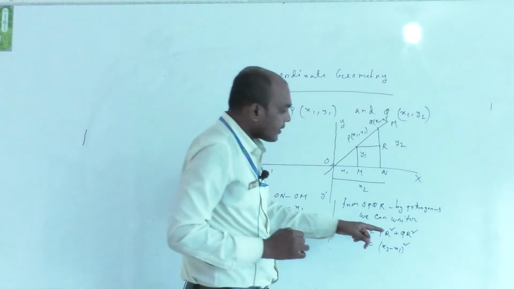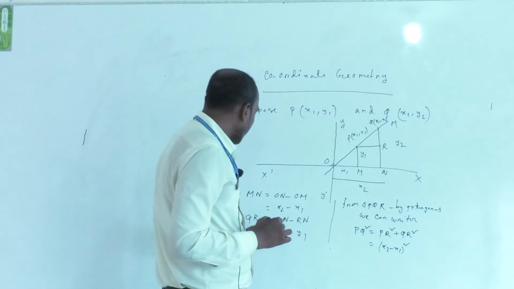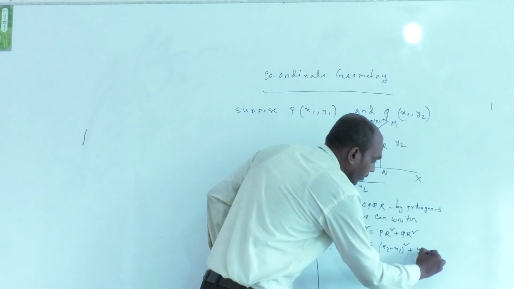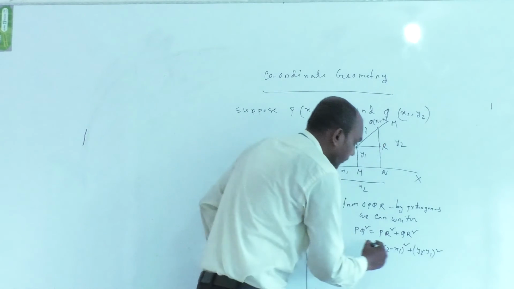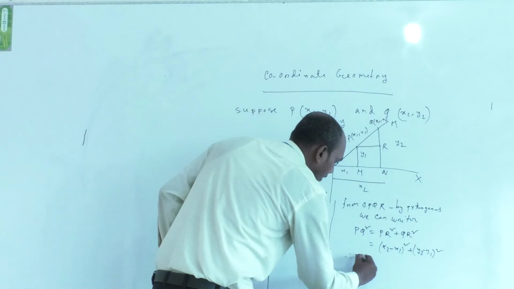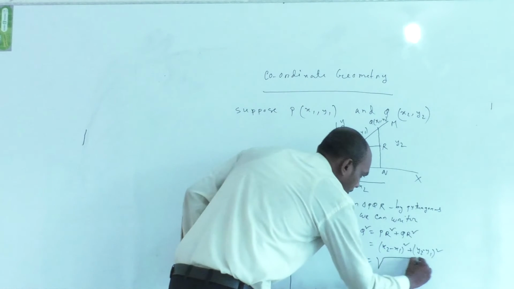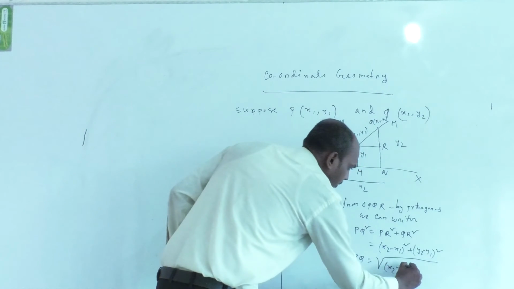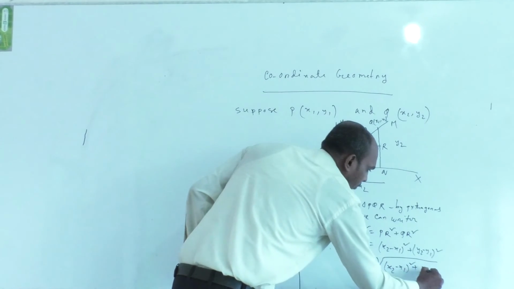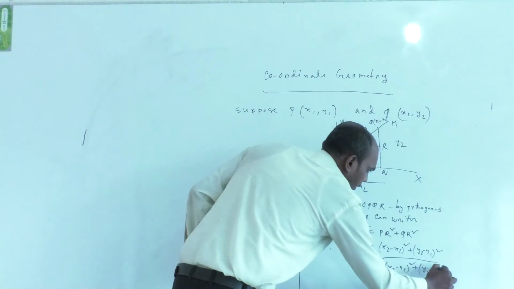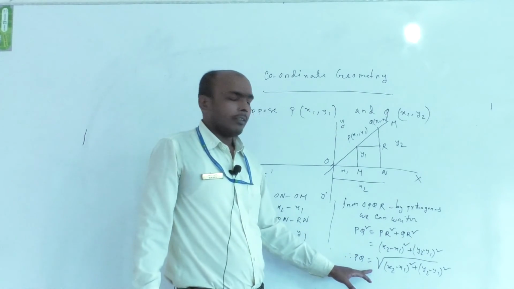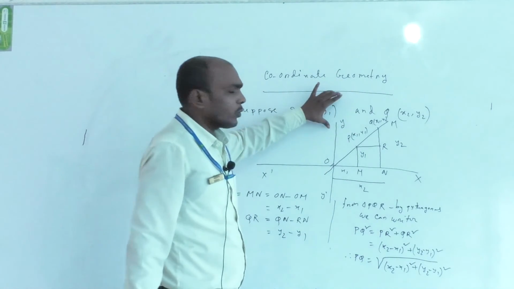Similarly, QR is y2 minus y1, whole square. Now PQ equals the root over (x2 minus x1) whole square plus (y2 minus y1) whole square. I think this is the required distance between 2 points.